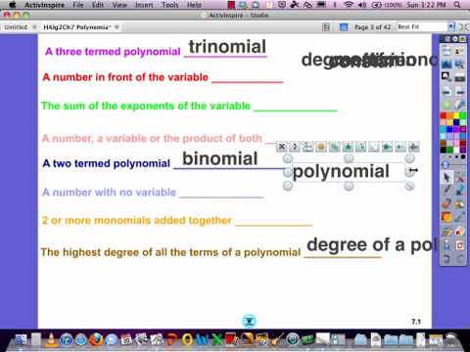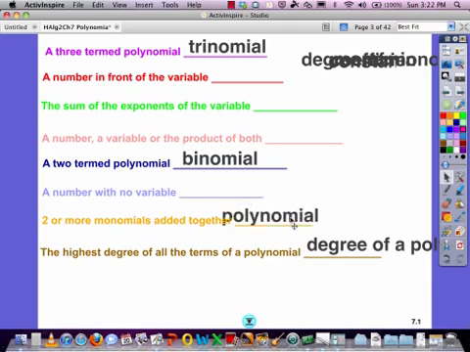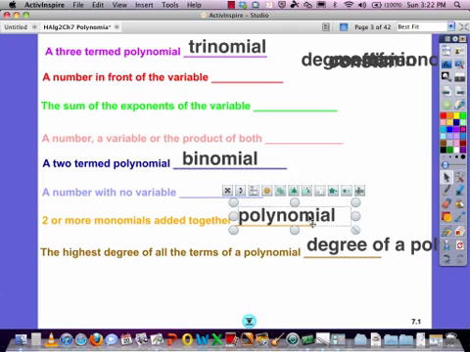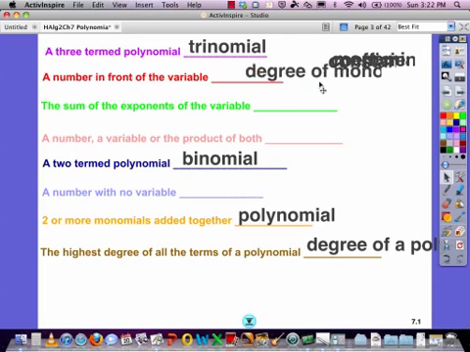Next we've got a polynomial: 2 or more monomials added together. That might be a good definition of a polynomial. Poly meaning many.